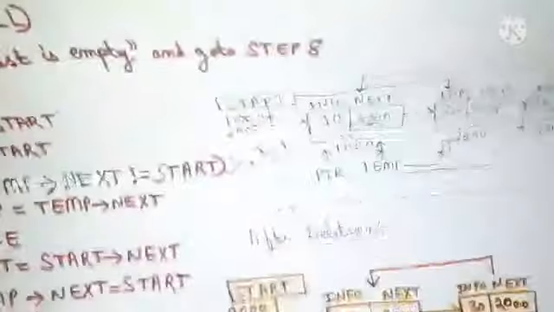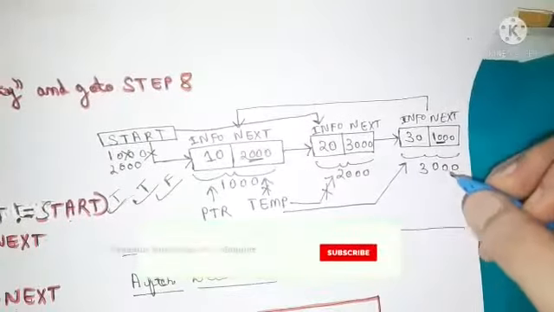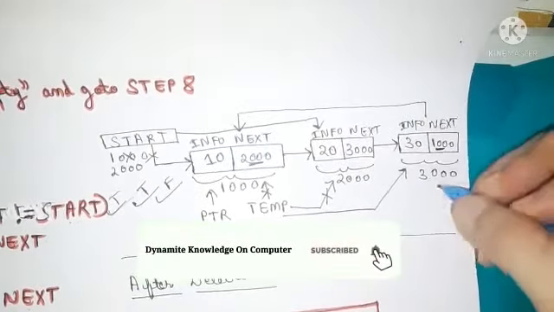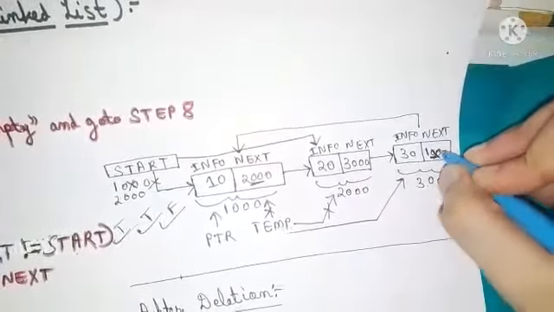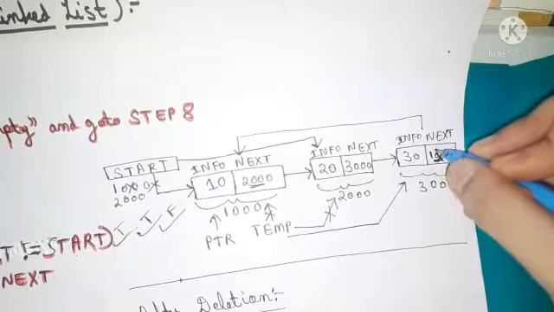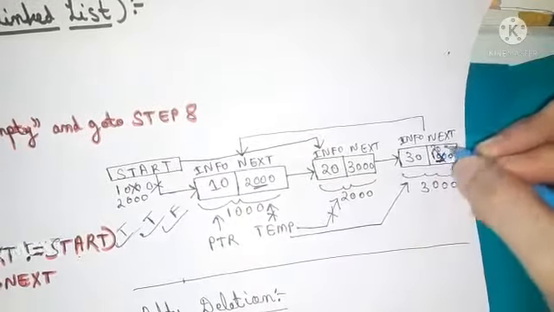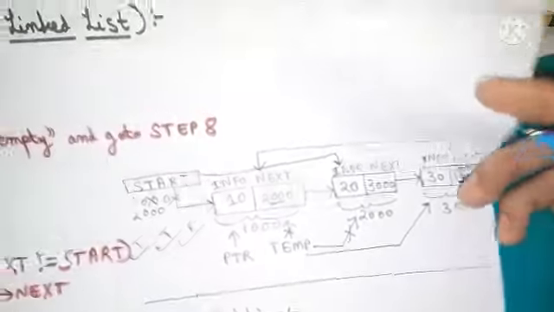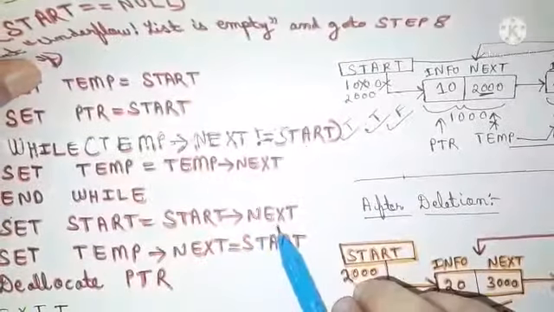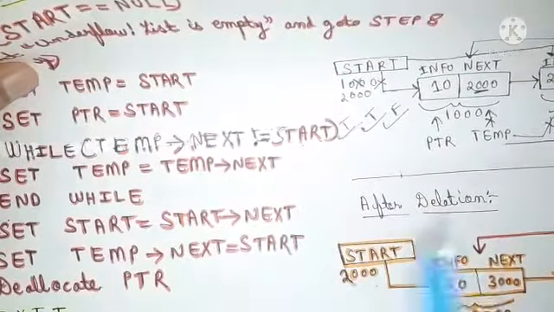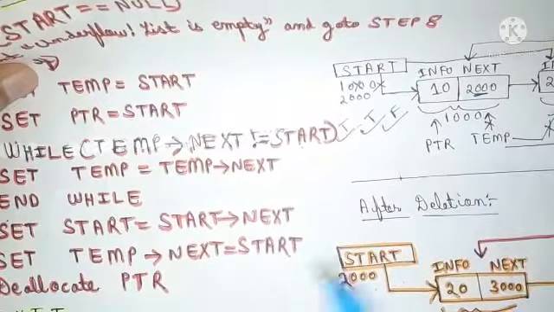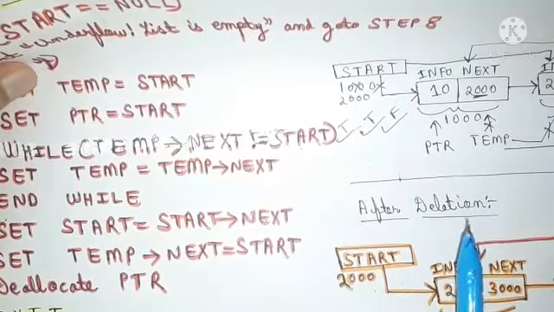This means that now temp is presently here, that is the last node. So here temp next is equal to start. So instead of 1000, it will now store the address 2000, because start is now pointing to start next. That means our previous second node now becomes the first node.